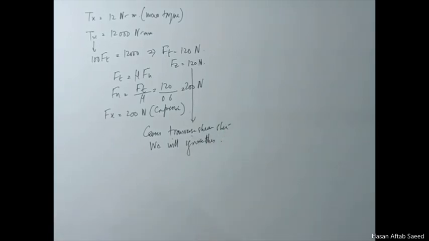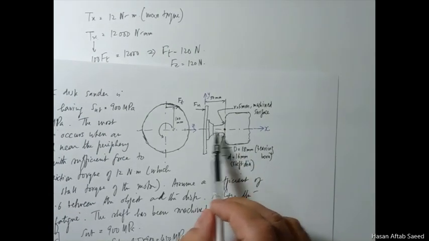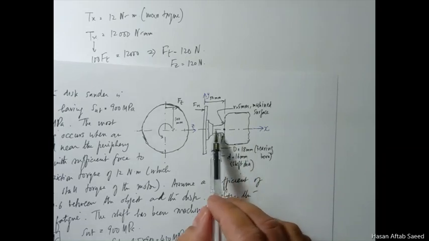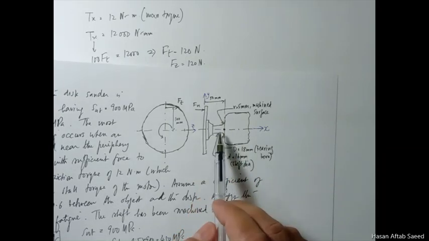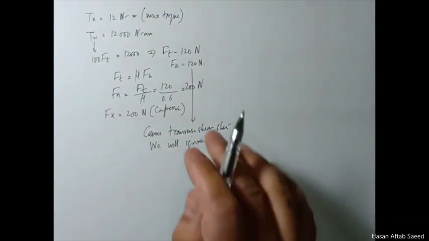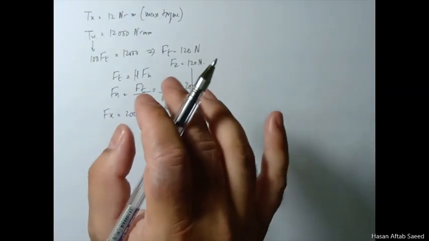It may not be a very good idea ignoring it here, because it's a relatively short shaft. For long shafts, long beams, you can easily ignore it. This is not a very long shaft, so it may not be a very good idea, but for the sake of simplicity, we are going to ignore this.